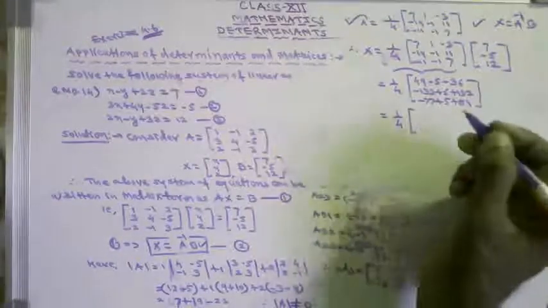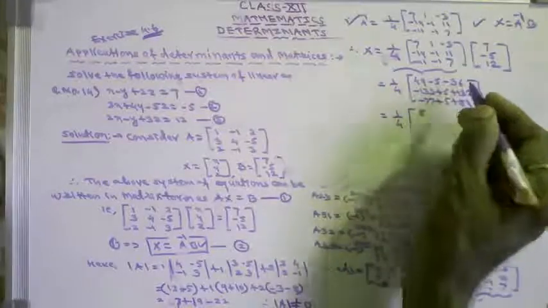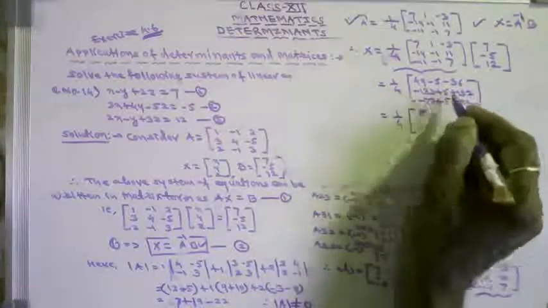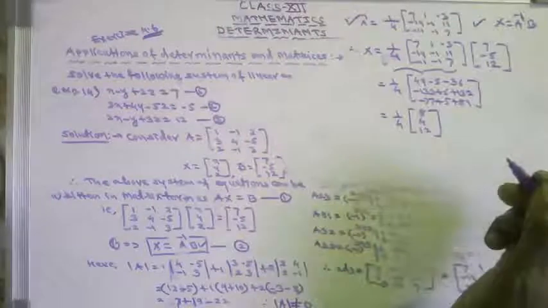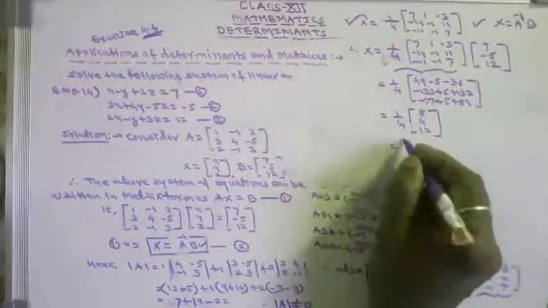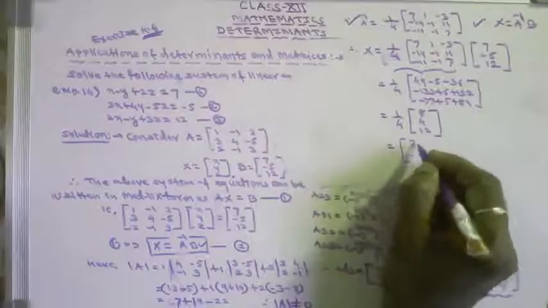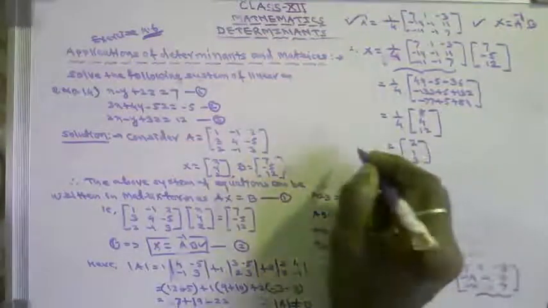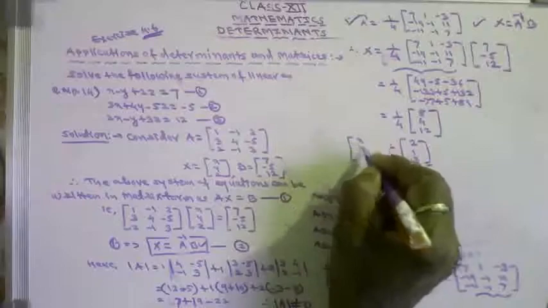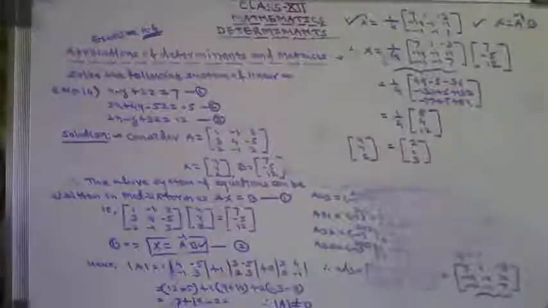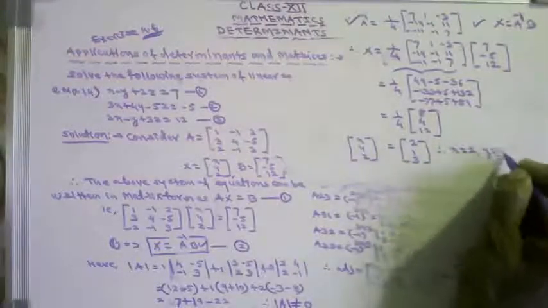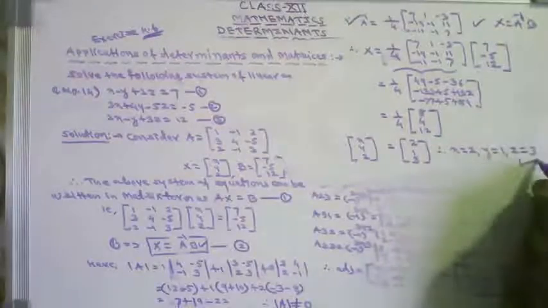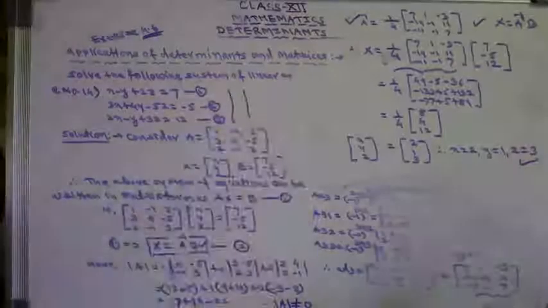So that is equal to 1 upon 4 into 8, this will be 8, this is 4 and this is 12. So it gives me 2, 1, 3, dividing by 4. What is X? X is x, y, z. So equating these two matrices, x equals 2, y equals 1, z equals 3 are the solutions of these 3 linear equations.